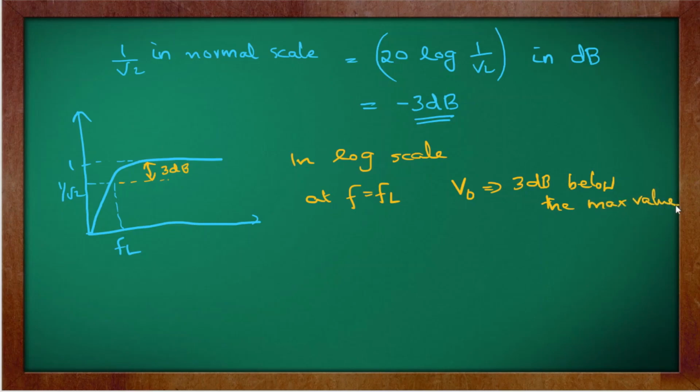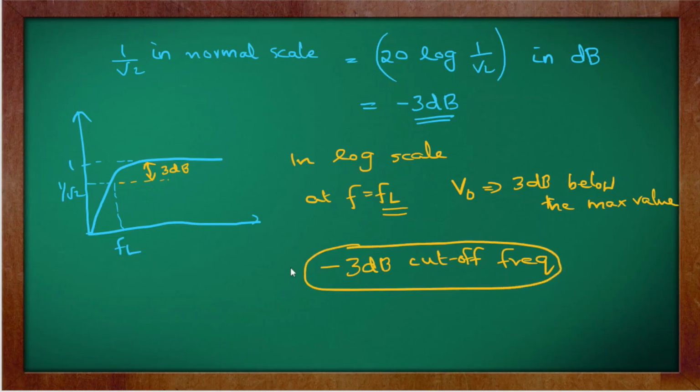Hence it is called the minus 3 dB cutoff frequency. So FL is also called the minus 3 dB cutoff frequency, or just the lower cutoff frequency.